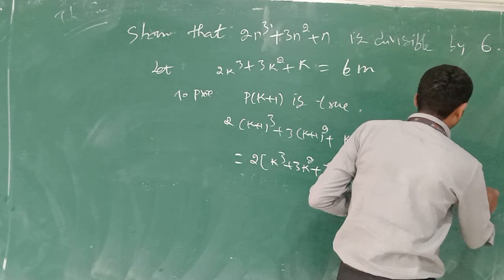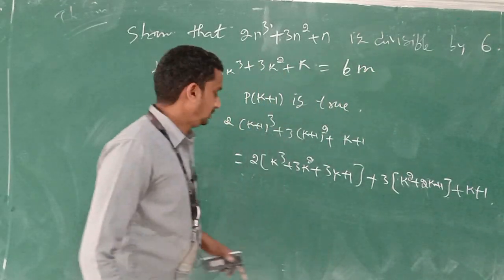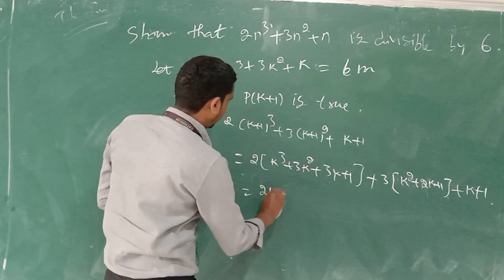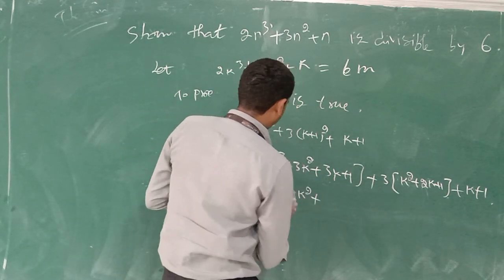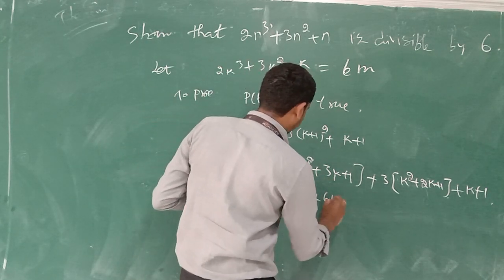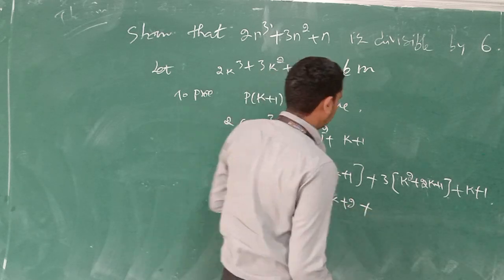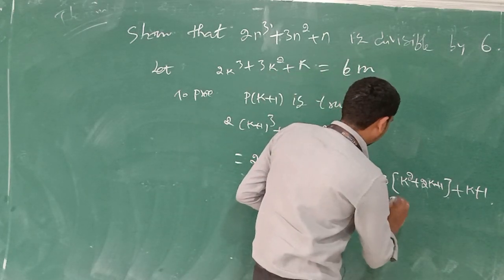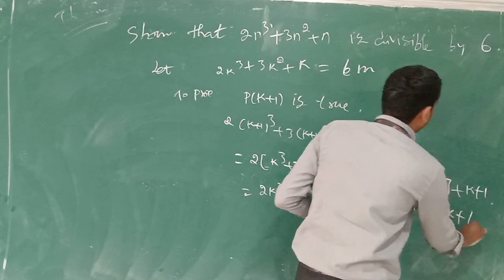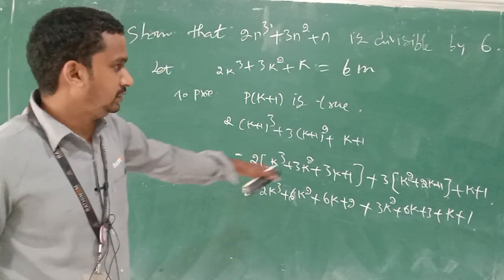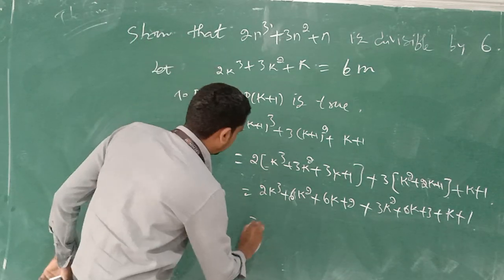Last term is k plus 1. Now expand that series: 2k cube plus 6k square plus 6k plus 2, plus 3k square plus 6k plus 3, plus k plus 1. After simplification, we finally get the solution.